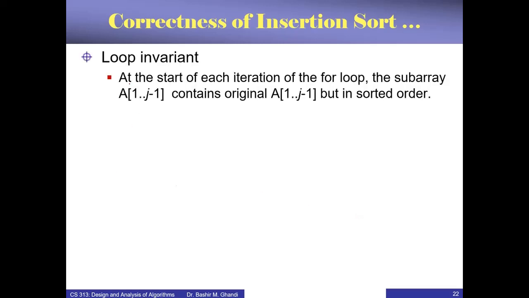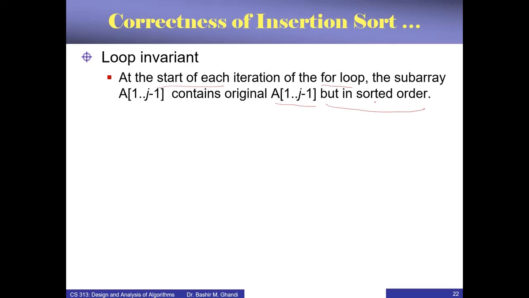It says here that the loop invariant that we can use to show the correctness of insertion sort is this: that at the start of each iteration of the for loop, so this is the outer loop, the sub-array A from 1 to j minus 1 contains the original elements, so no element is removed, but they are sorted.